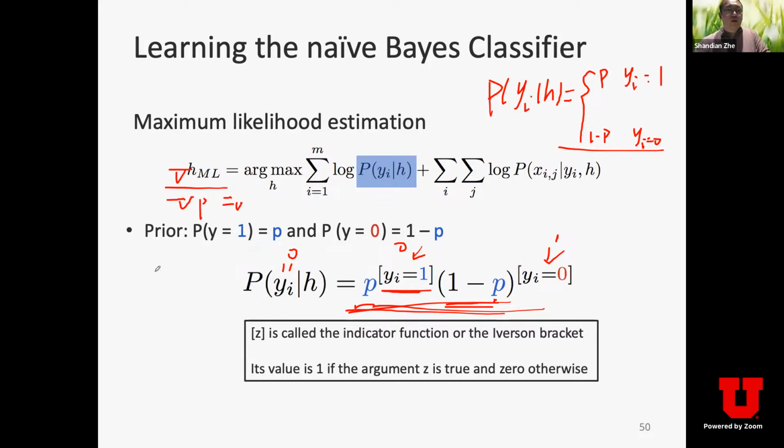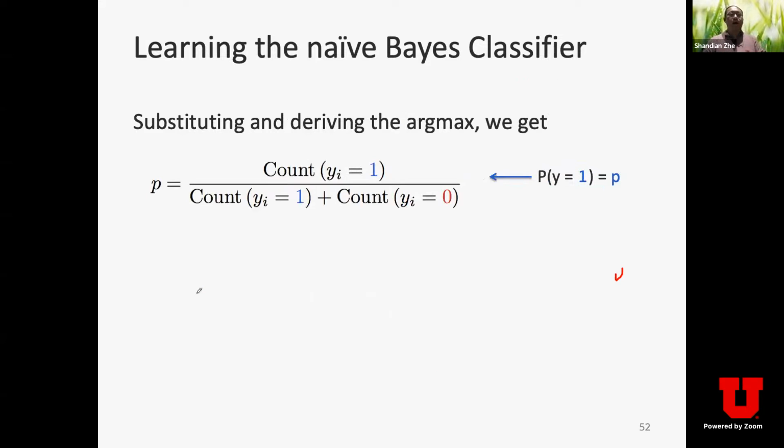And also you can take the gradient with respect to aj and bj and set it to be 0, and then you solve that equation.